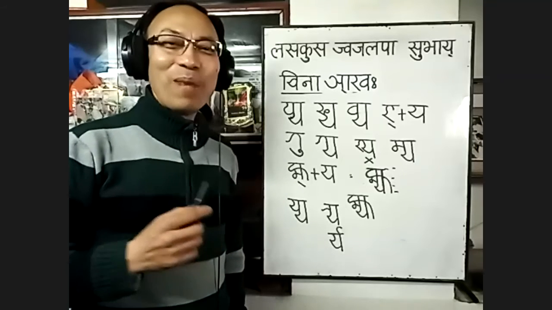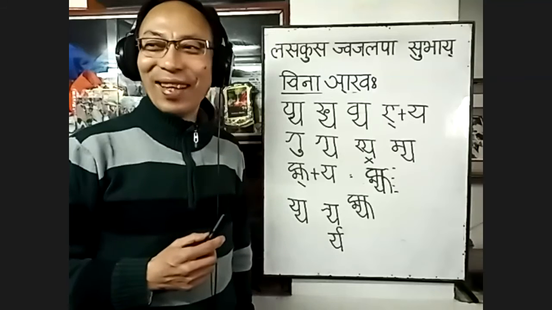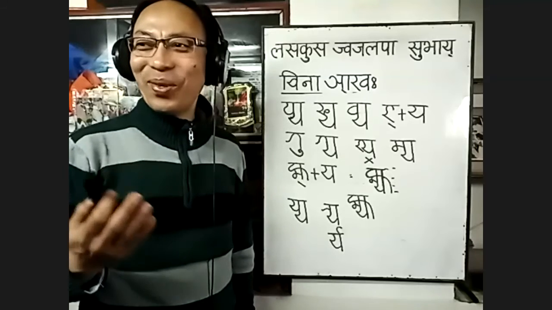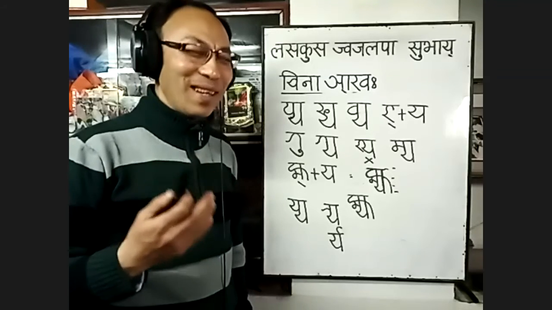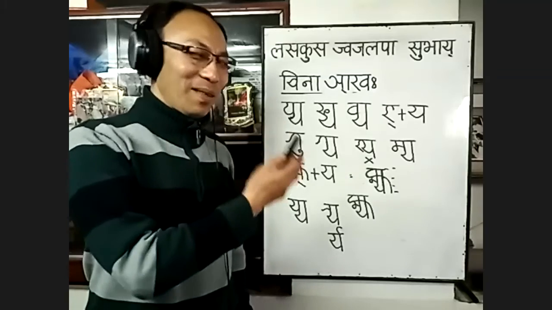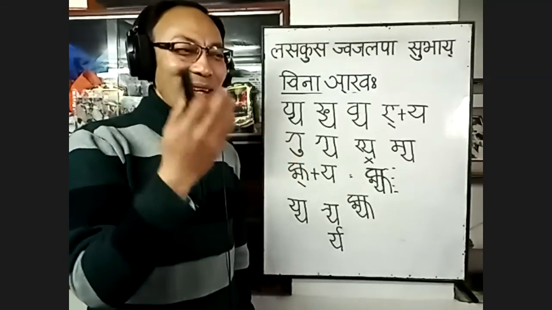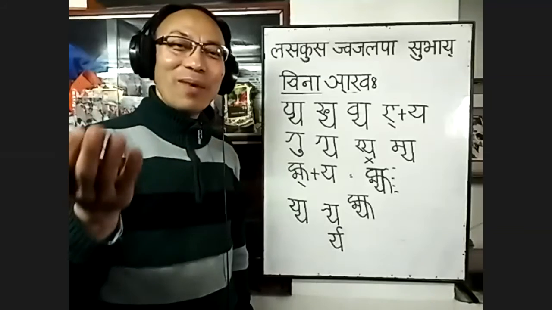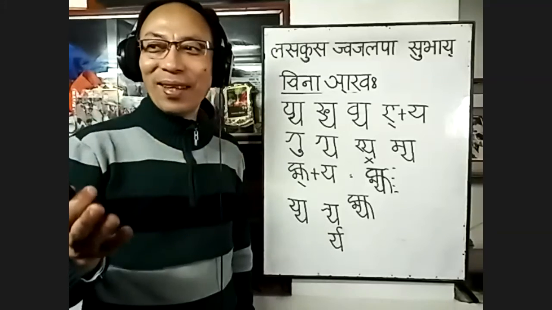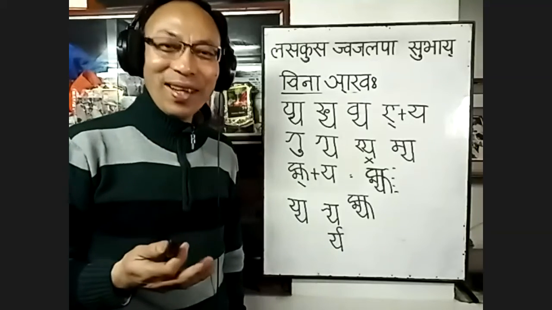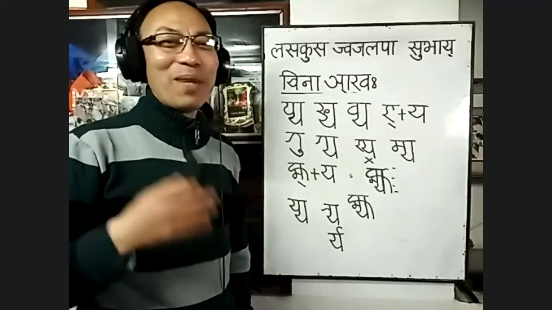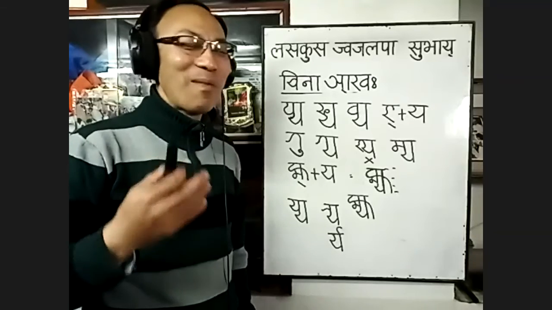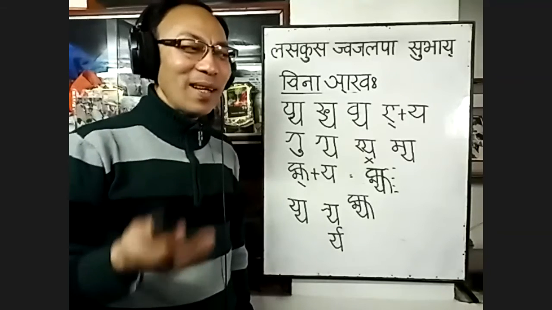So whenever we play Antakshari, the singing game, the first one sings, and where he leaves the last letter, the other one starts from the last letter. You know how to play Antakshari. But in Nepal Bhasa, we get confused because we do not have words starting with Ra.